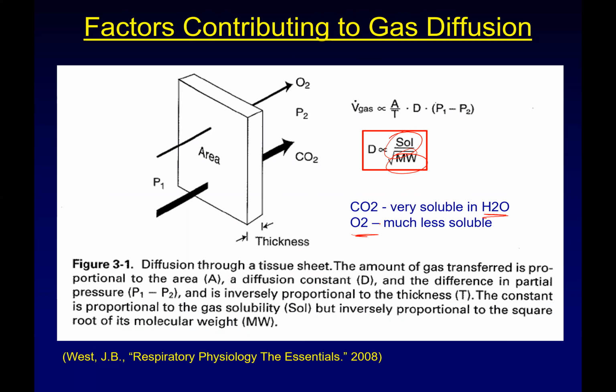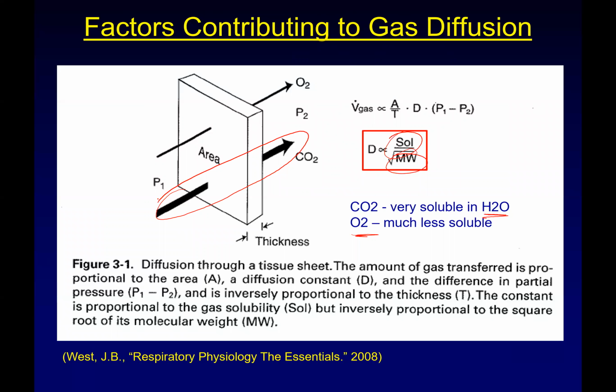Oxygen is much less soluble in water. And what we know then is that it's much easier. Okay, that's the point of this darker line here, is because CO2 is very, very soluble in water, it's much easier for us to diffuse the CO2. And what that's going to work out to be is that we need a much smaller gradient. We need a much smaller difference in the concentrations of CO2 between the blood and the air in the alveoli in order for CO2 to move.